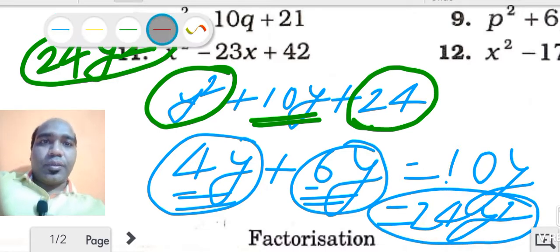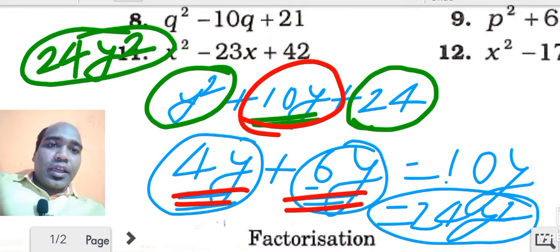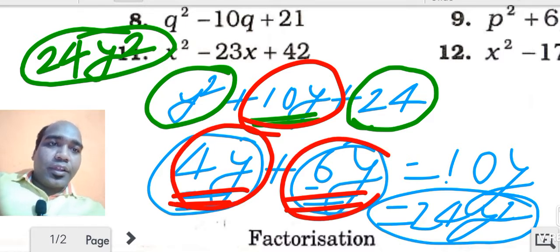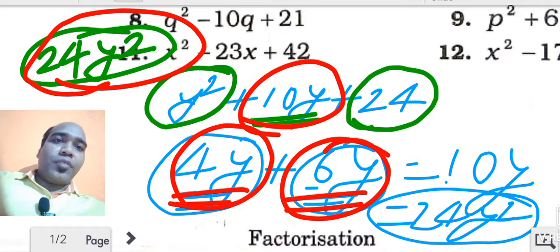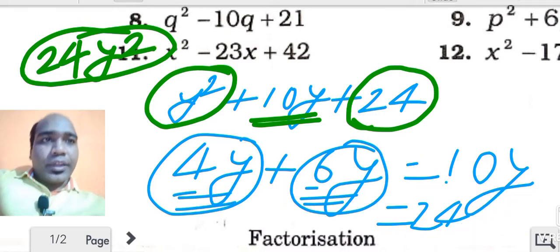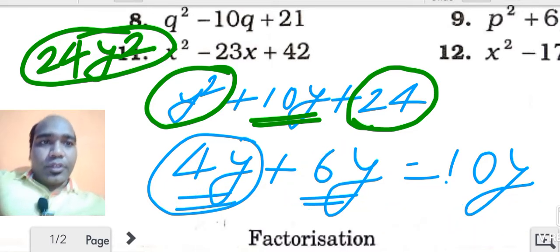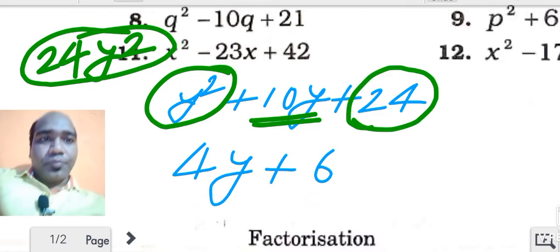Yes, it is satisfying both. After adding 4y plus 6y we get 10y, and after multiplying 4y into 6y we get 24y square. So this way of splitting we will take. Got it?